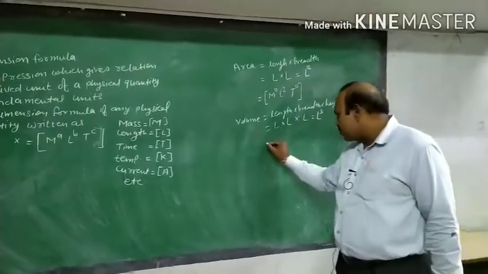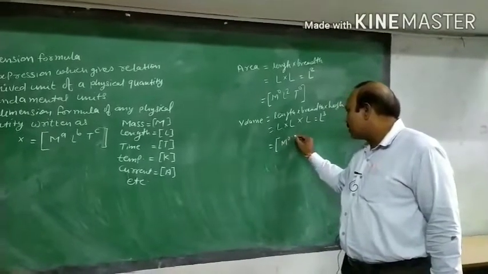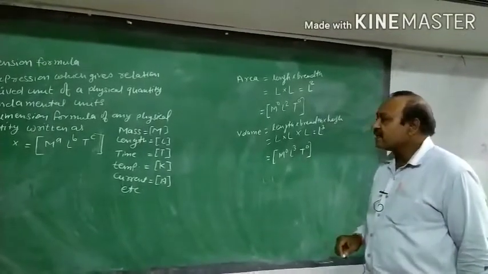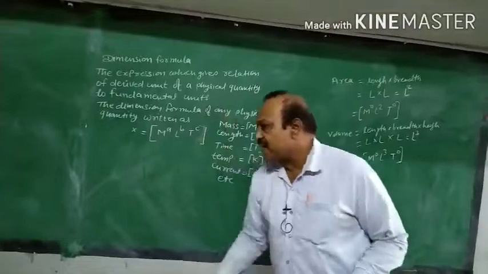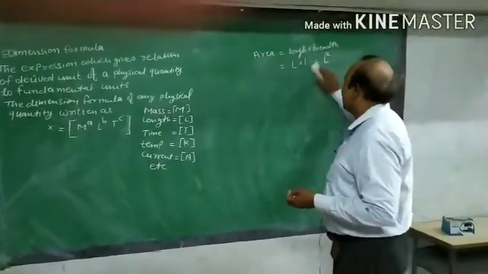So the dimension formula of volume will be M0 L cube T to the power 0, written in the square bracket.